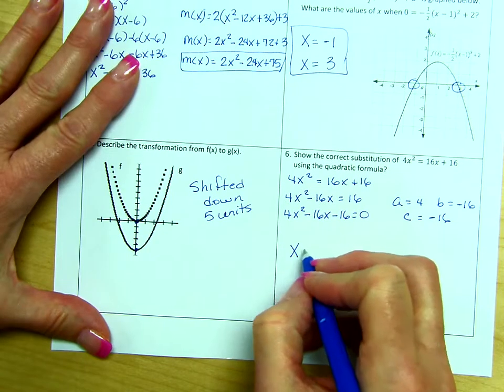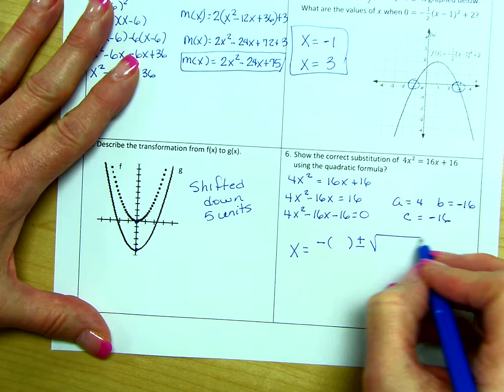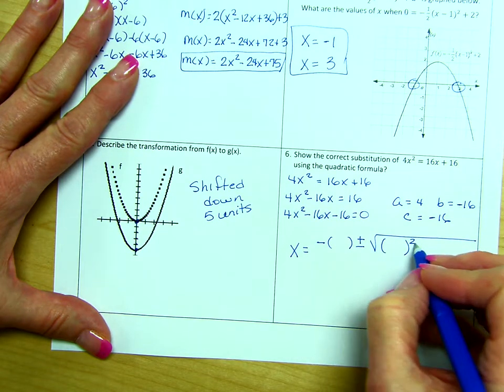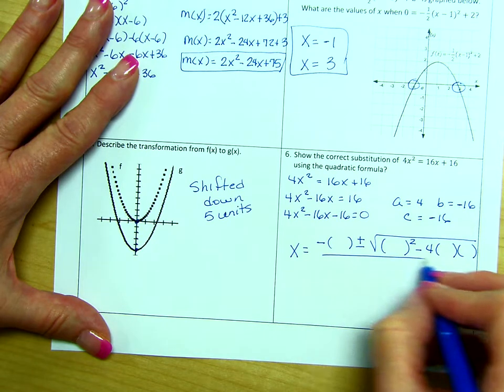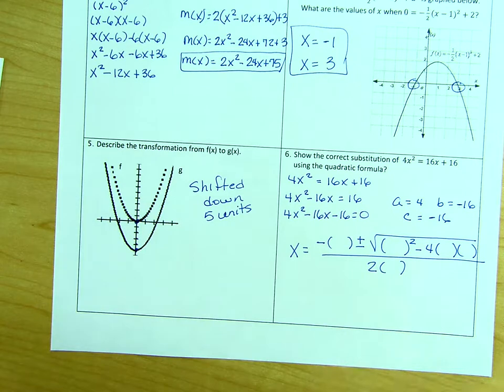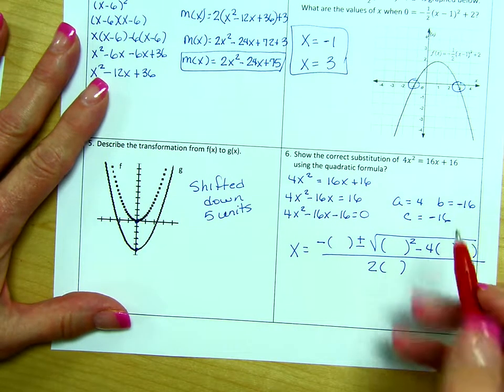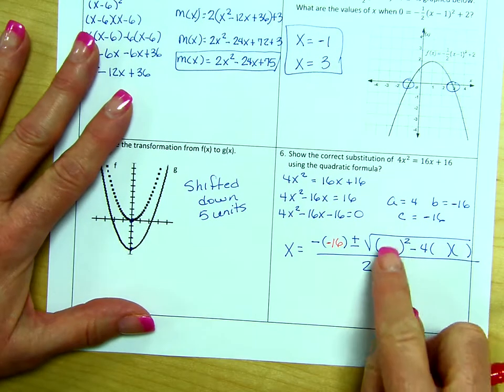So we have x equals negative b plus or minus the square root of b squared minus 4 times a times c all over 2 times a. So here is b. b is a negative 16, so a negative 16 goes in here. This is b.